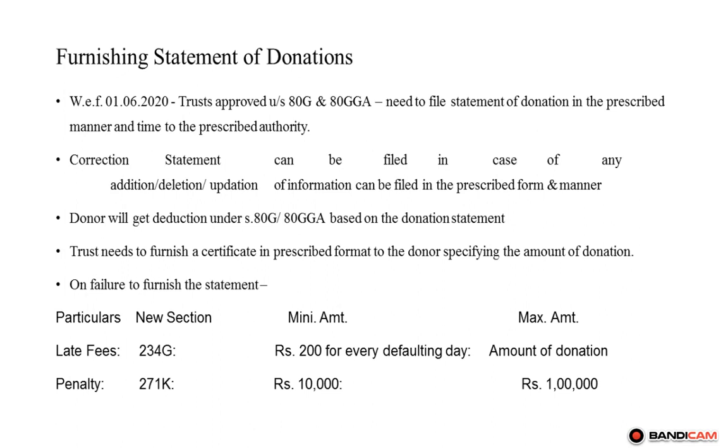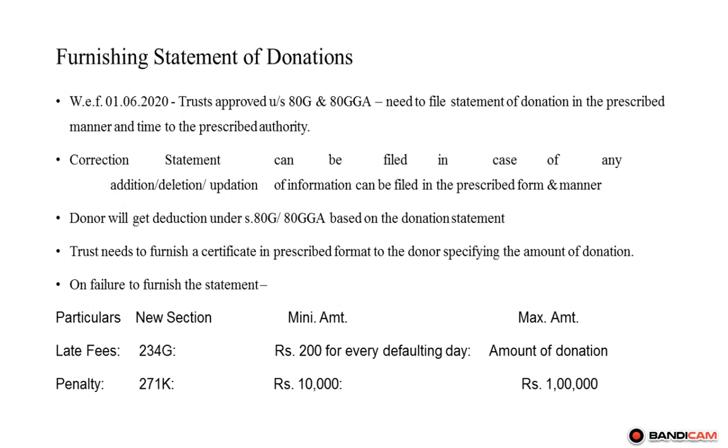Okay, so the penalty is given here, that is, particulars, new section, minimum amount and maximum amount. Late fee under section 234G: the minimum penalty for a charitable organization is rupees 200 for every defaulting day, and the amount of donation is the maximum limit.